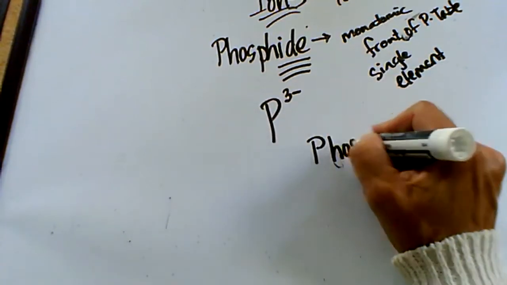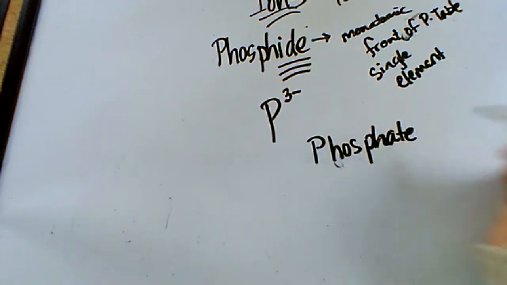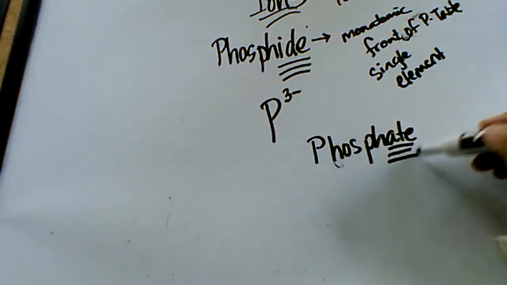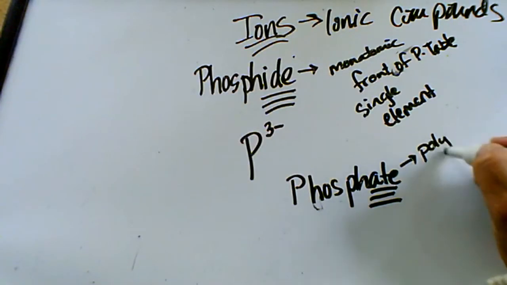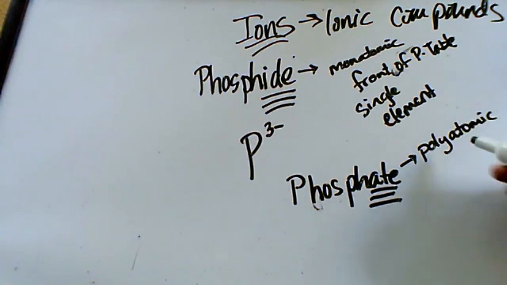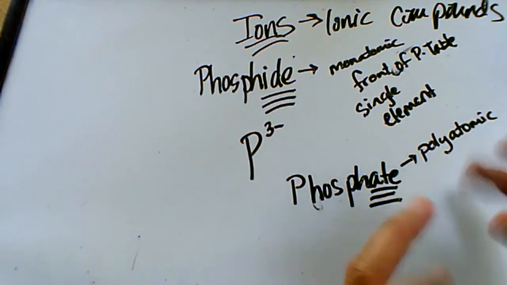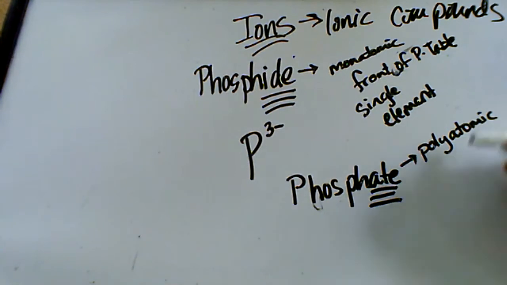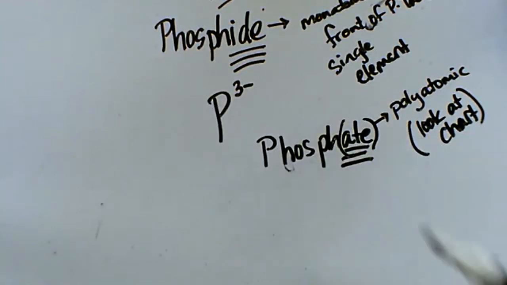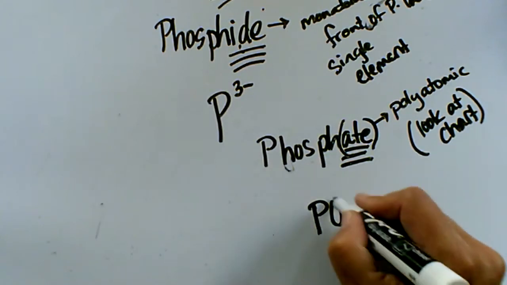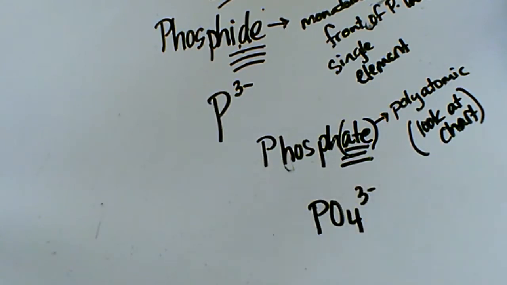Let's put phosphate with that. Now I see that the ending, remember I said it's all about the ending, because it ends in ATE, this is polyatomic. So I'm going to look on my polyatomic ion chart, because the ate, as opposed to the ide, tells you this is polyatomic, and we see that this is actually PO4, 3 negative.